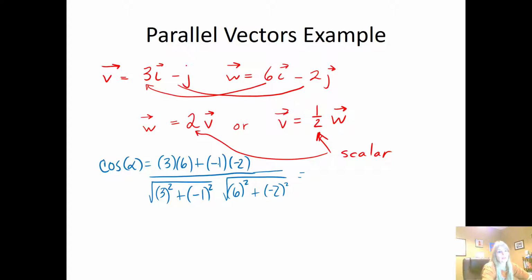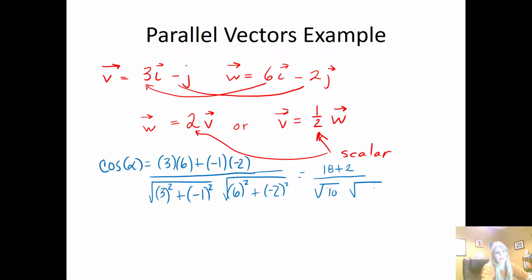Up top I have 3 times 6, which is 18, plus a negative times a negative, which gives 20. On the bottom I have 9 plus 1, so the square root of 10.